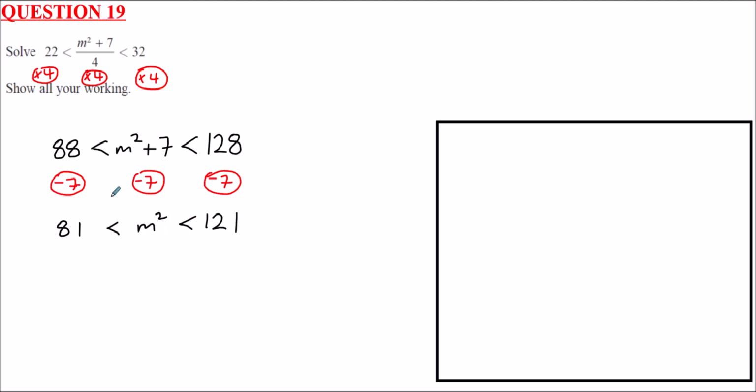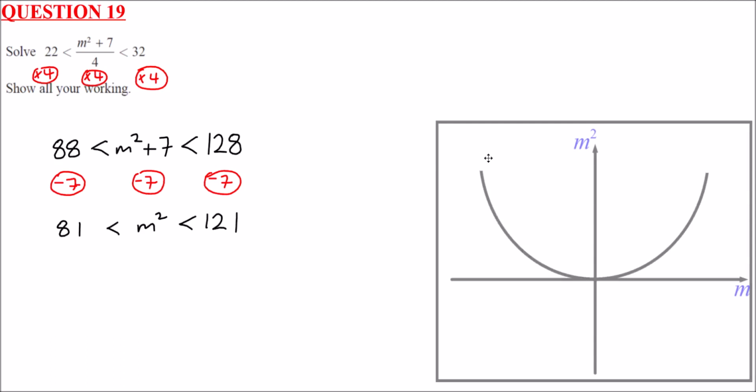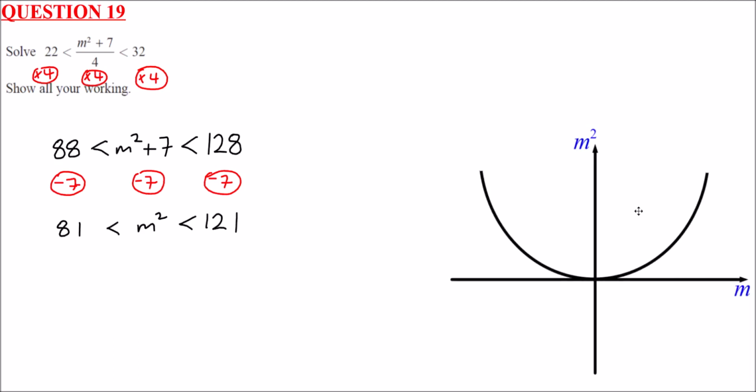Now, you should notice that 81 and 121 are both square numbers, but this isn't the easiest thing to get your head around. So I'm going to illustrate this on a graph. Imagine m plotted against m squared on the y-axis. A graph of m versus m squared would be like this. This inequality is telling us that we want m squared, the height on the y-axis, to be more than 81. So imagine this is a height of 81.